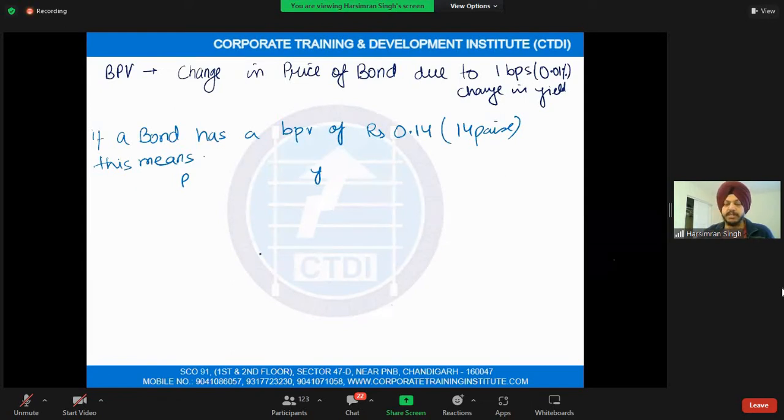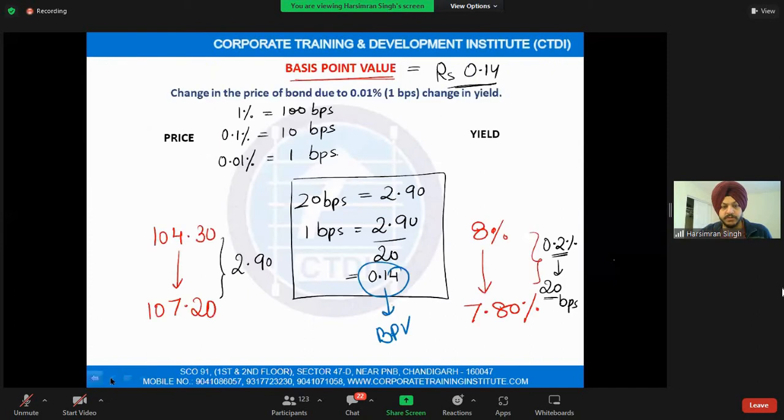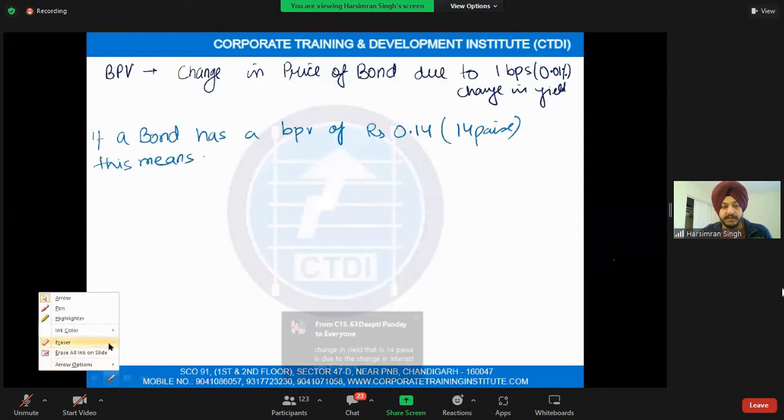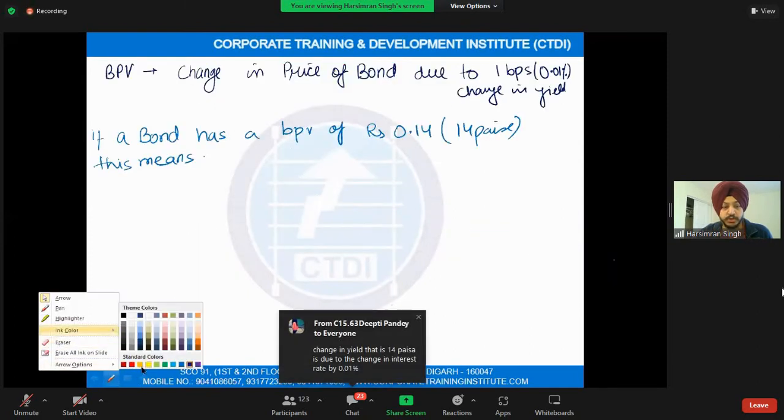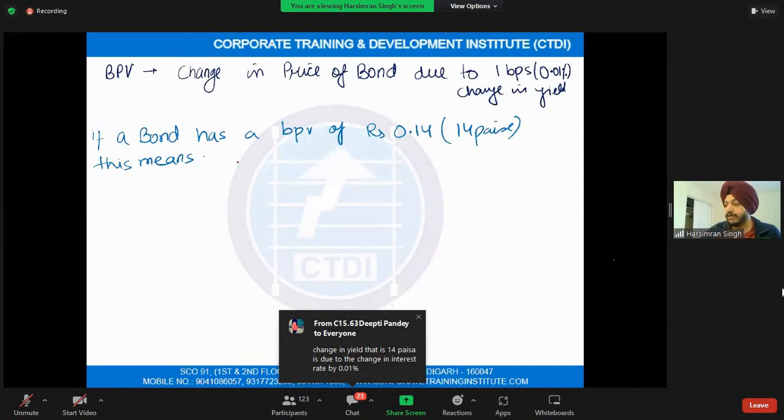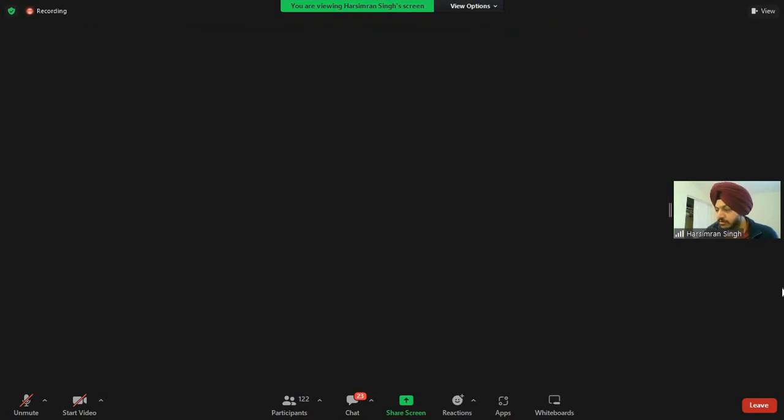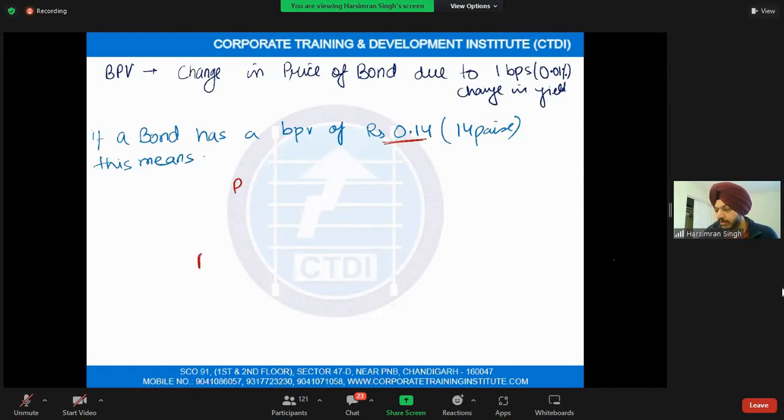I had asked you a simple line: what is the meaning of this line, that a BPV of this bond is 14 paisa. So the answer you should have given me is this. The simplest answer is that suppose the price of the bond is rupees 100 and the yield is right now 8%.